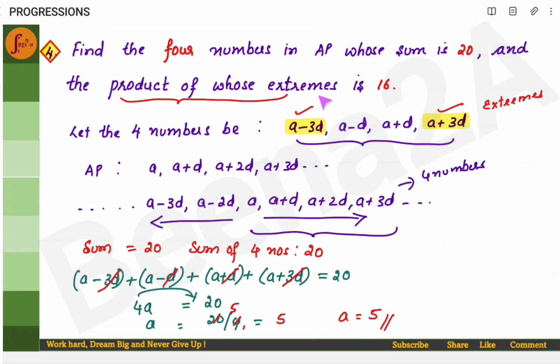Now product means when you multiply these extremes, that is when you multiply a minus 3d with a plus 3d, then the result is 16. So let's write this down.